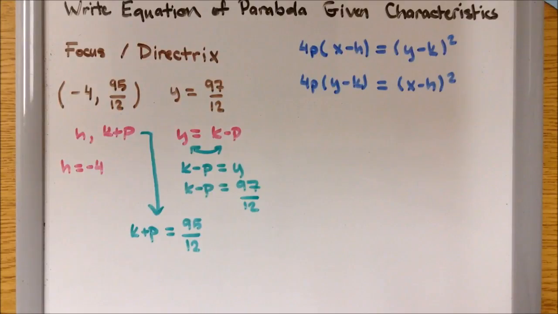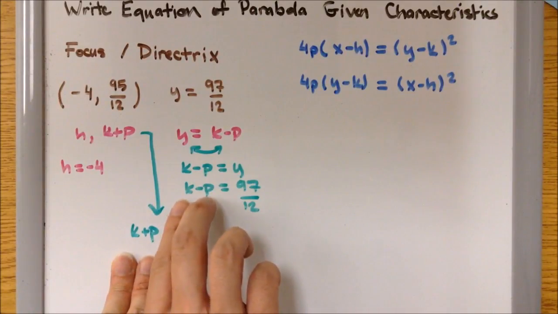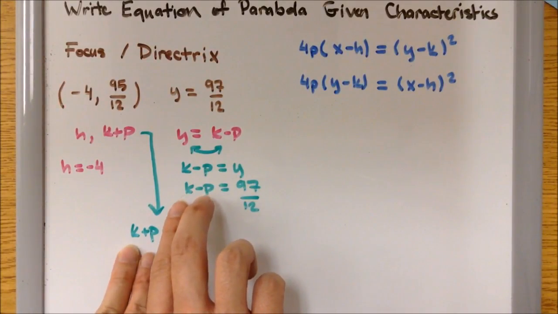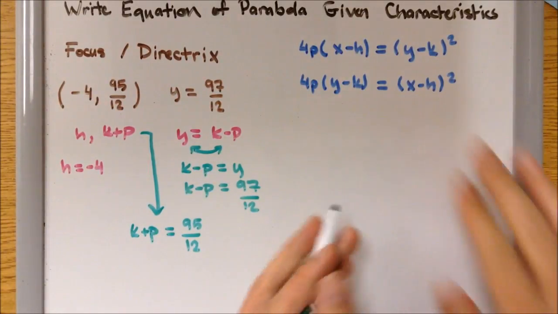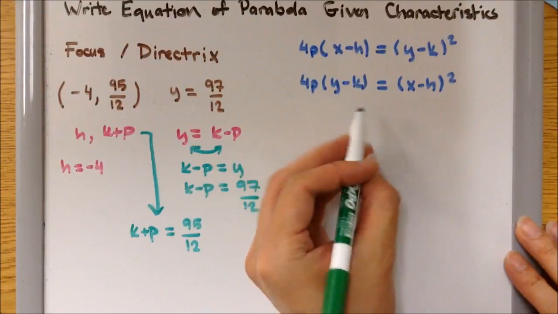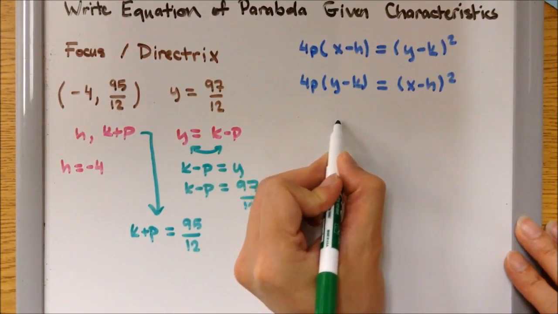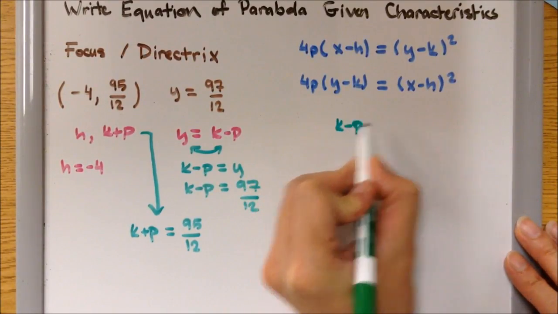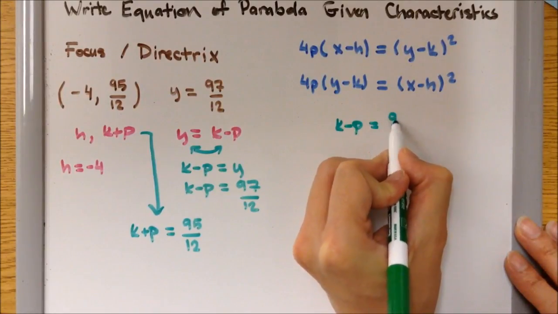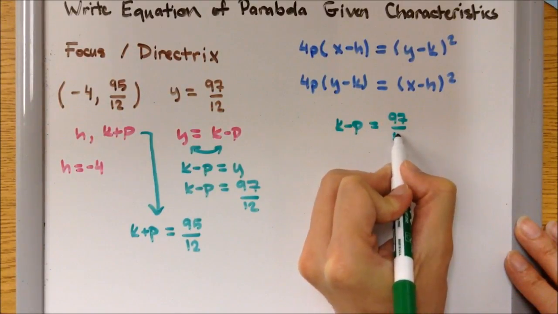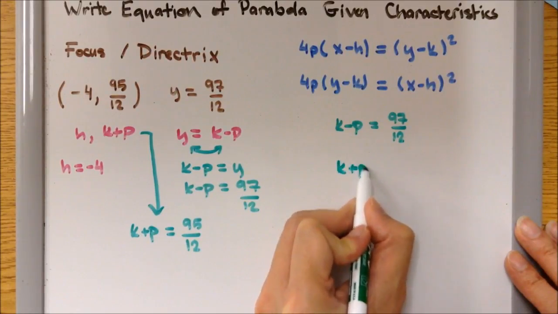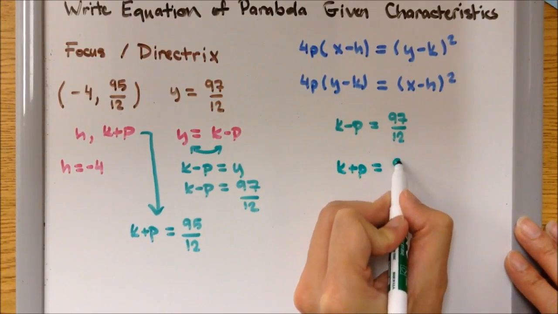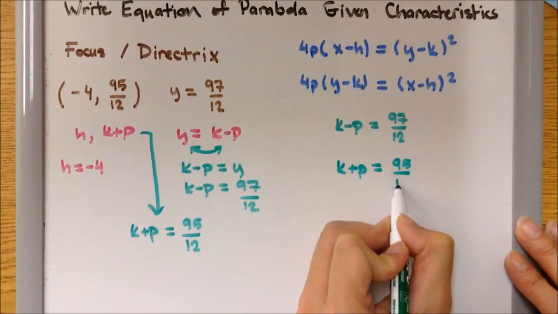Alright, since k plus p and k minus p are both on the left side, I'm going to line them up, put them on top of each other, and form a system of equations. So k minus p equal to 97 over 12, and then k plus p equal to 95 over 12.